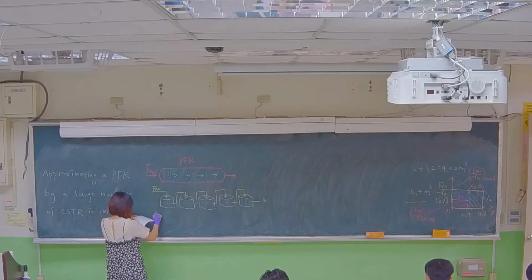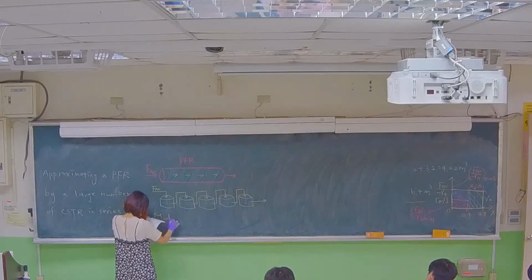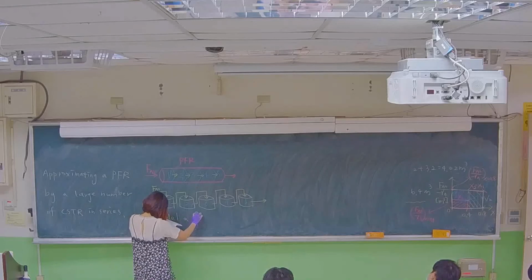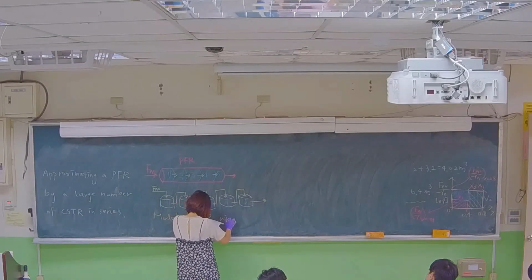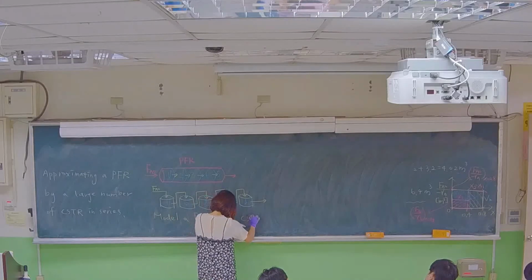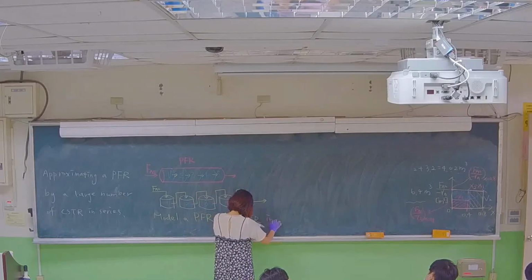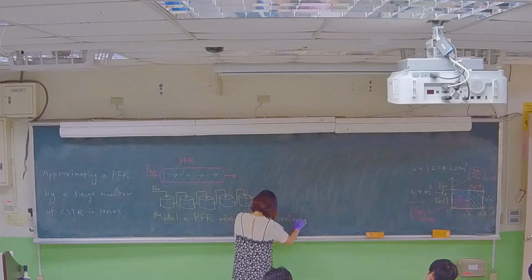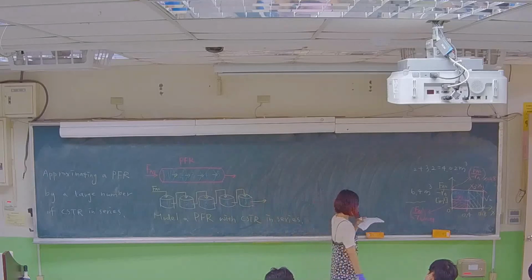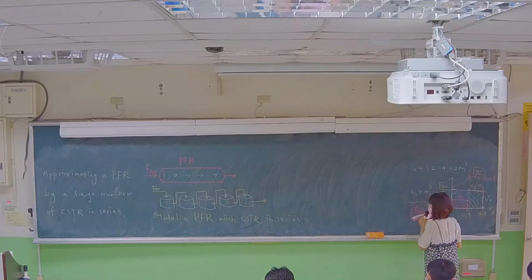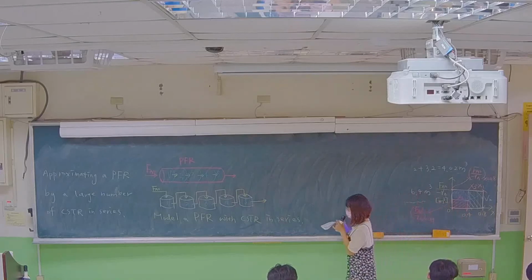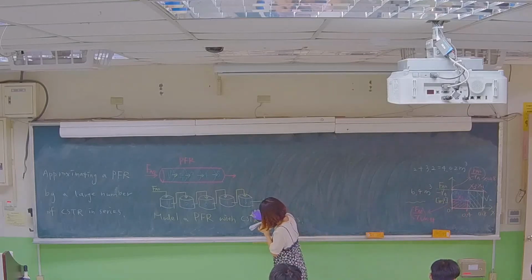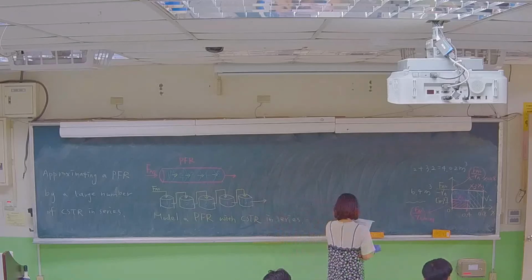So we can model a PFR with CSTR in series. We can do this. So the more CSTR in series, the behavior is more like a PFR.